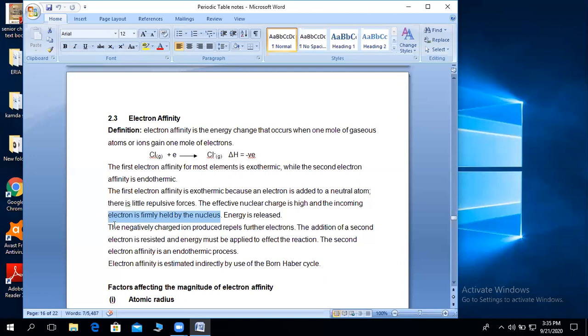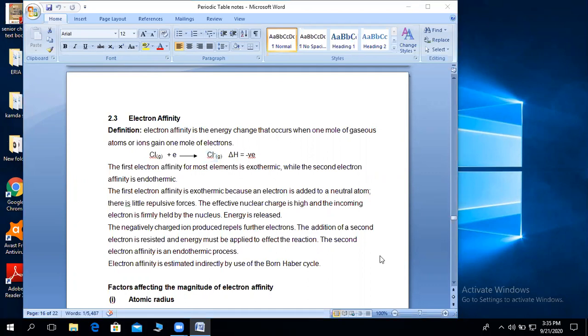Now, the negatively charged ion produced when an electron is added repels further electrons because it is negatively charged, so it will repel addition of other electrons.